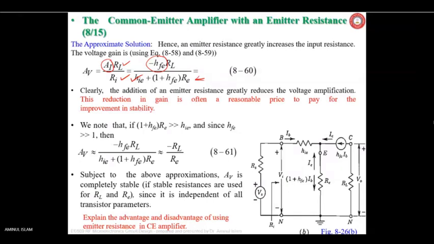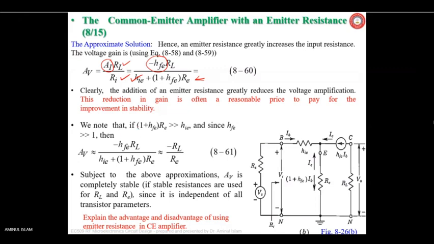Voltage gain gets reduced. So there is no free lunch. You are getting high input resistance, but at the cost of lower gain. You are getting stability in biasing, but yes, you are paying something. That is the loss of gain.